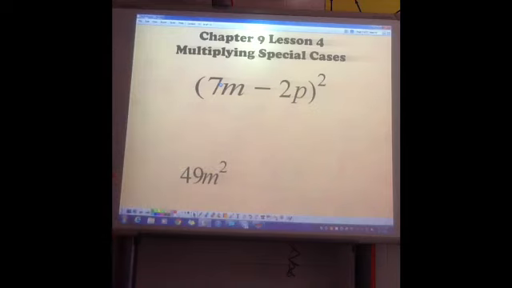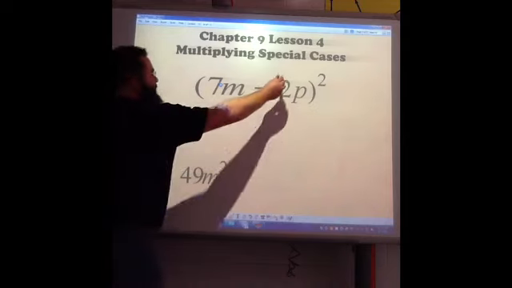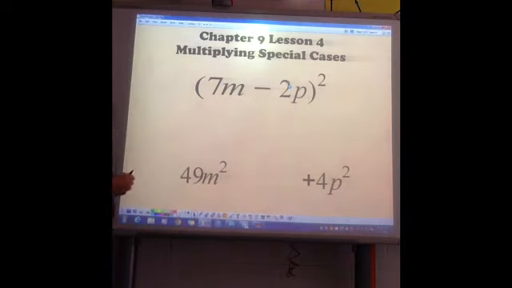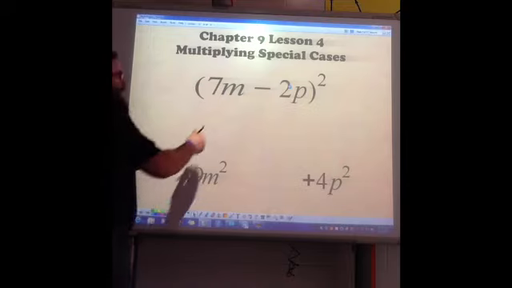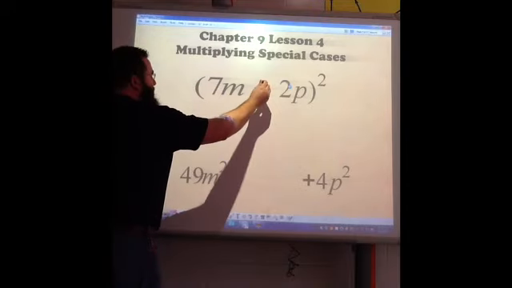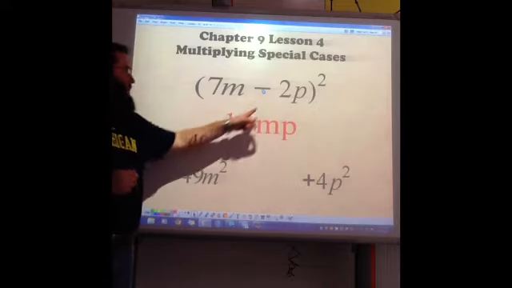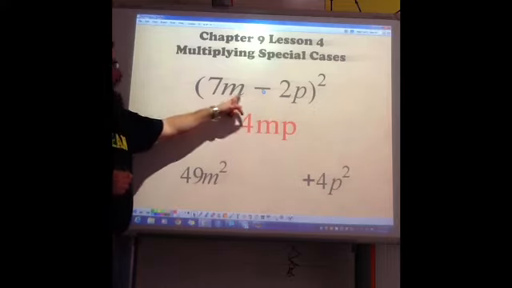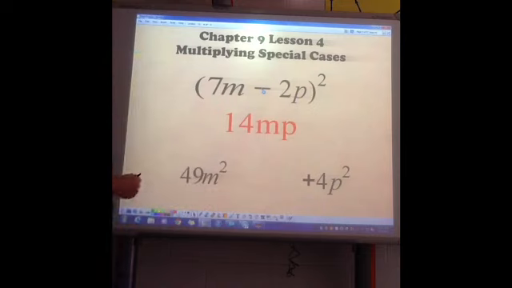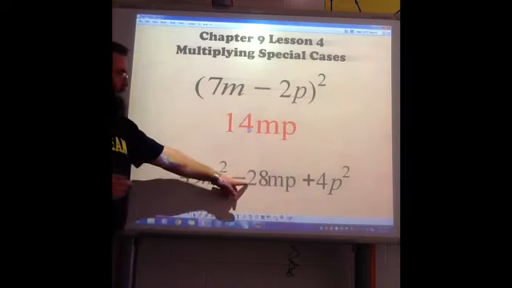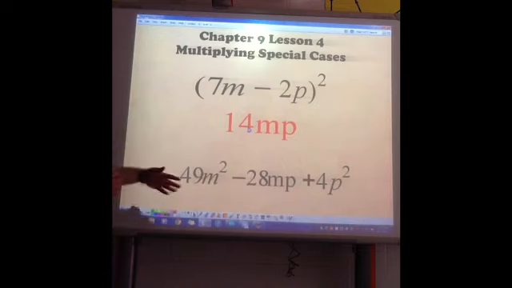Negative 2p times negative 2p should give you a positive 4p squared. And then a times b gives you 7 times 2, which is 14mp. And then when you double that up, it would be a negative 28mp in standard form.